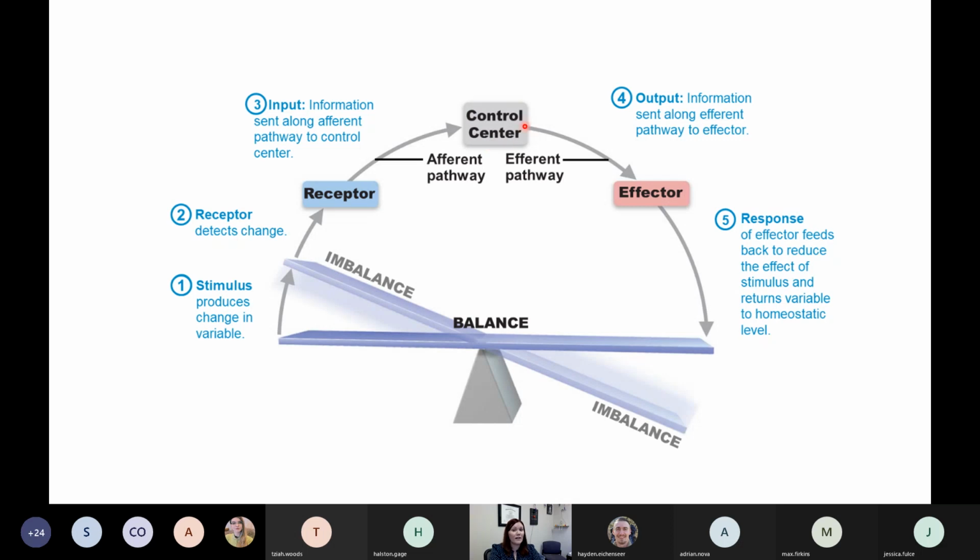And once it figures out what needs to be done, it's going to talk to the effectors. The effectors are the part of things that get stuff done. So from detecting a change to predicting how to fix it to actually fixing it, that's the way the process of homeostasis works. So anything in your body that we keep at a balanced level, we have receptors and a control center and effectors that make sure it stays that way.